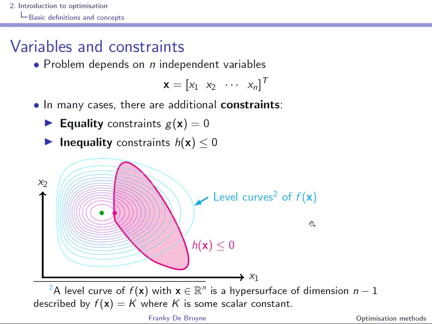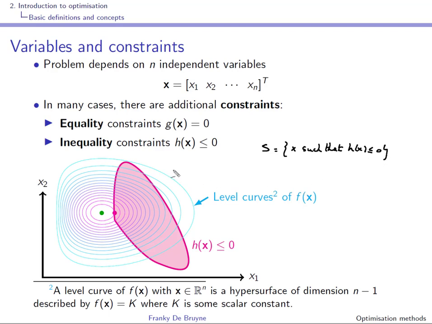In some cases there are inequality constraints, and in this course the inequality constraints will take the form h of x is smaller or equal to 0, and this defines a feasible region S, that is, well, the set of all x such that h of x is smaller or equal to 0.